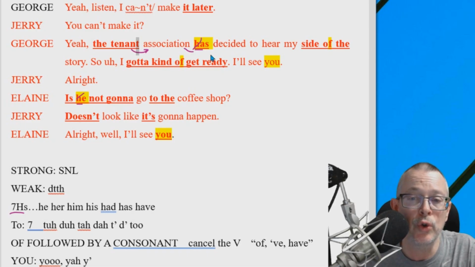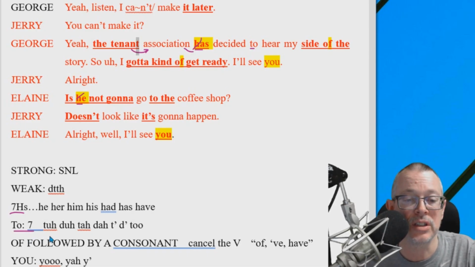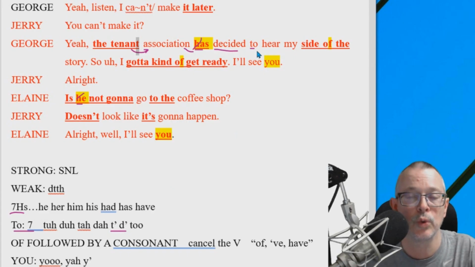Now, the word "to" has 7 pronunciations: ta, da, ta, da, t, d, and to. And t and d are the most common. Almost always it's t and d. So let's just take the word "decide to." Basically, both are fine. "Decide to," d and t.